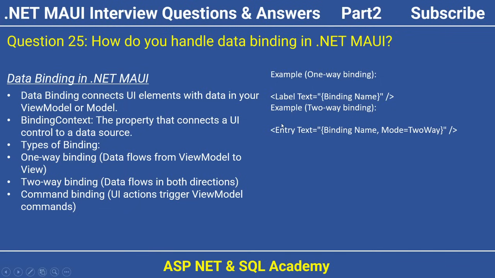Then use binding syntax in XAML to bind properties to UI elements. One-way binding sends data from the view model to the view. As an example, two-way binding allows data to flow both ways, which is commonly used for editable fields. Additionally, command binding allows UI elements like buttons to trigger actions in the view model using ICommand.